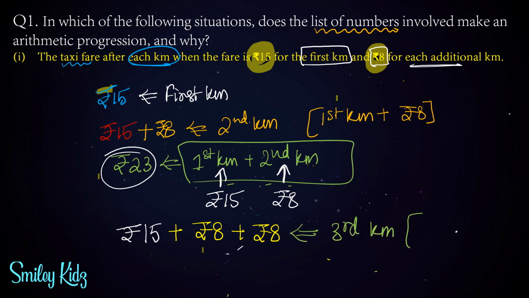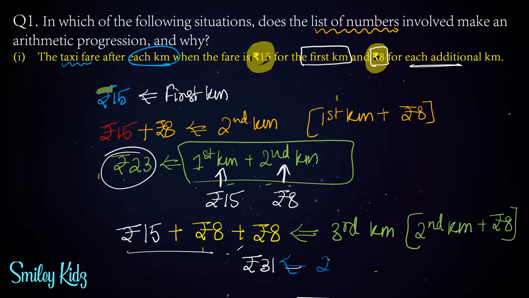That is, the second kilometer plus rupees 8 will give you the third kilometer cost. We know the second kilometer cost, which is rupees 23. Now 23 plus 8 turns out to be rupees 31, which is your second kilometer plus rupees 8.